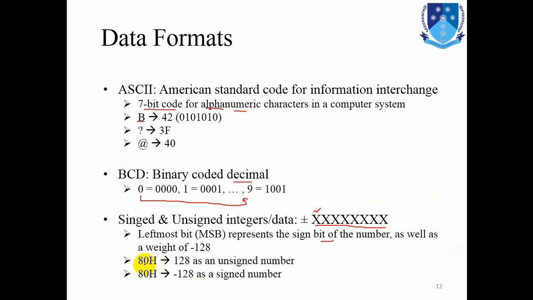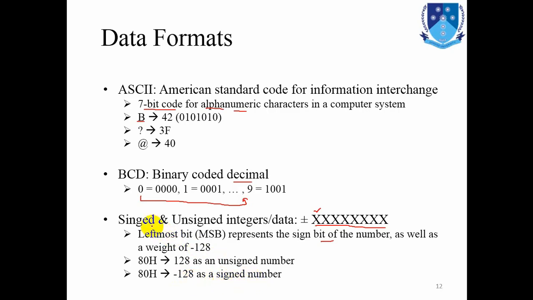For example, in the same 8-bit number, the MSB might have a value of 128 if we are dealing with unsigned numbers, and a value of minus 128 if we are dealing with signed numbers.